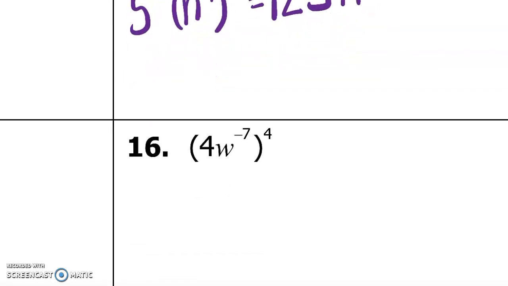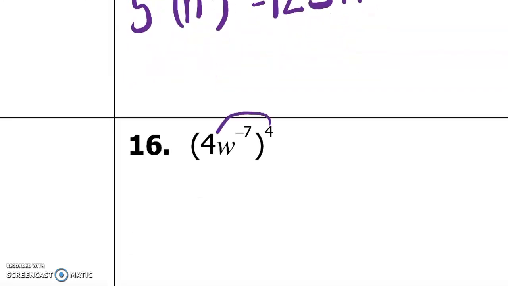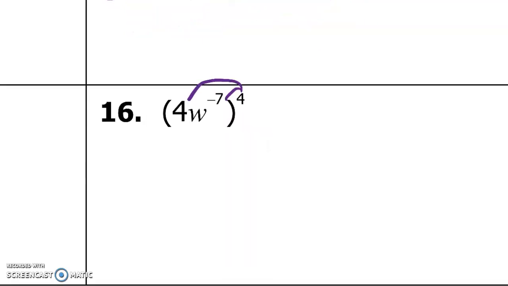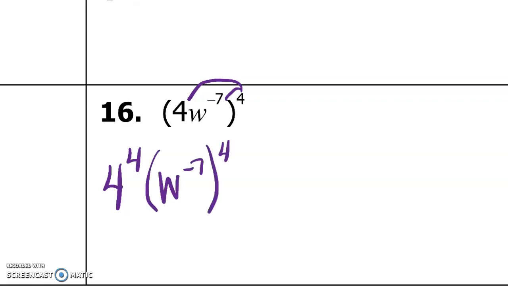So same thing for 16. If you can remember to just do 4 to the 4th, that's great. If you get 16 though, you're going to be incorrect. So if you want to take the extra time to write out 4 to the 4th, to remind yourself, that's probably a good idea. 4 to the 4th, w to the negative 7th to the 4th.